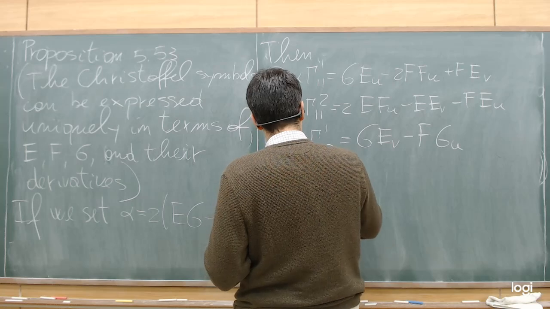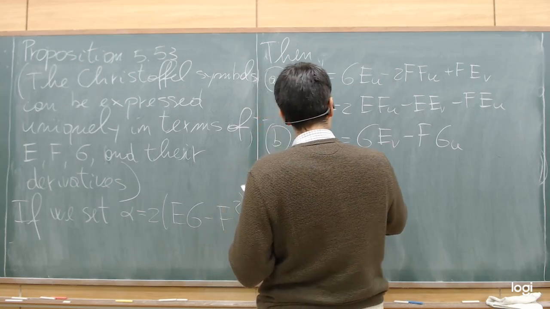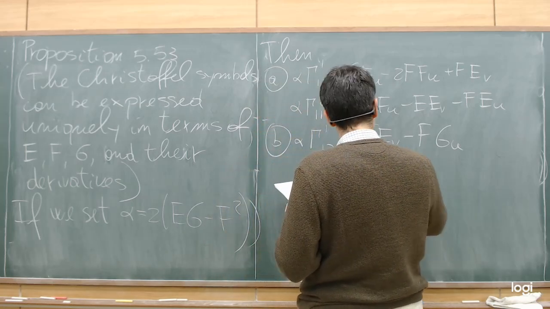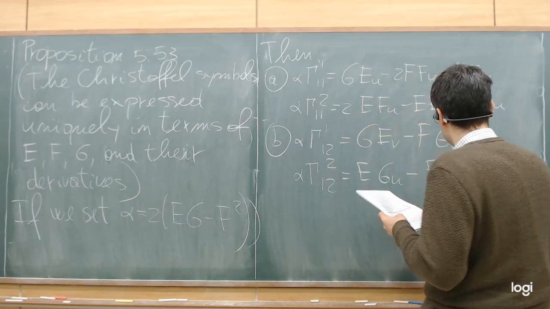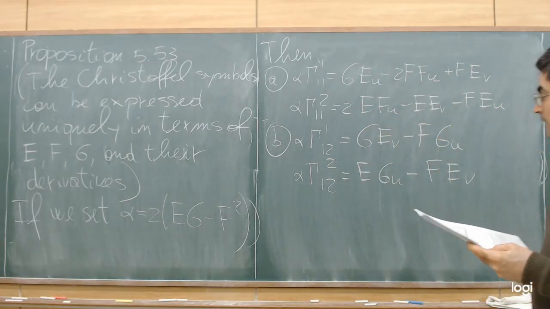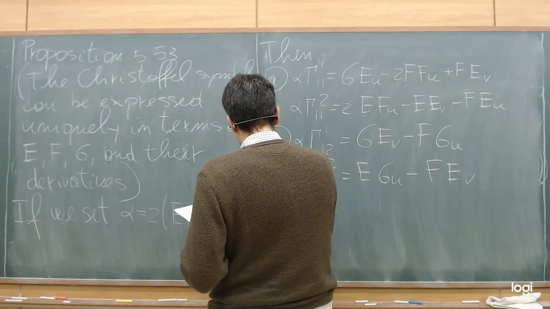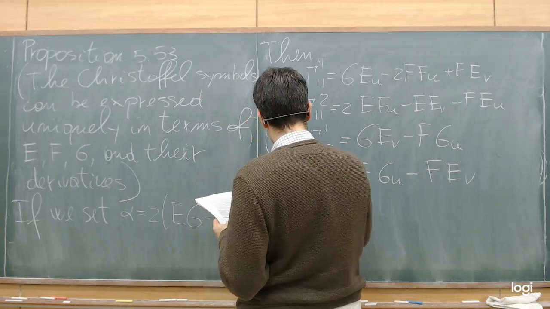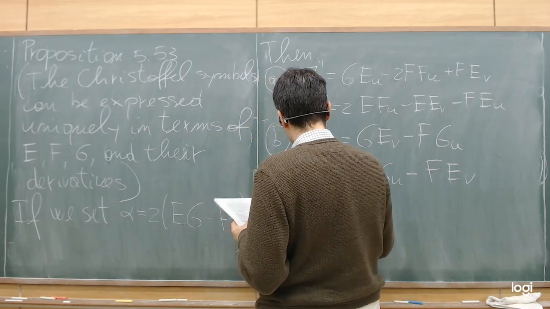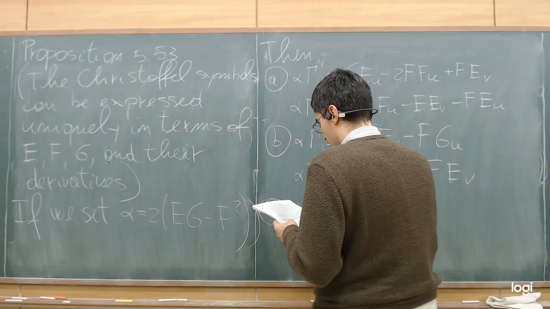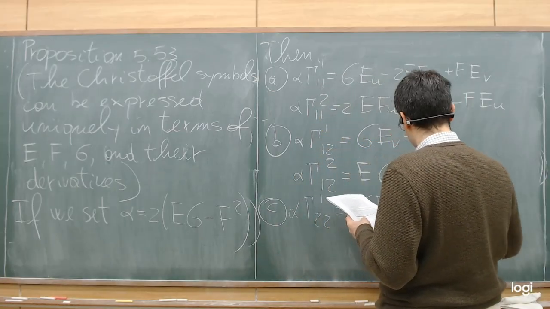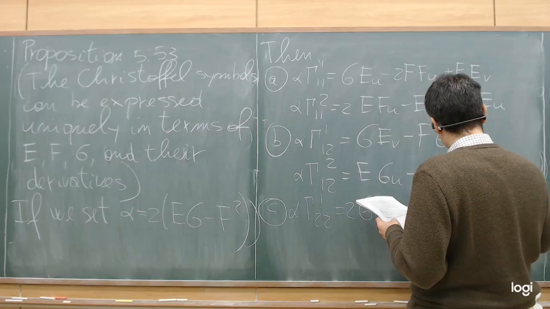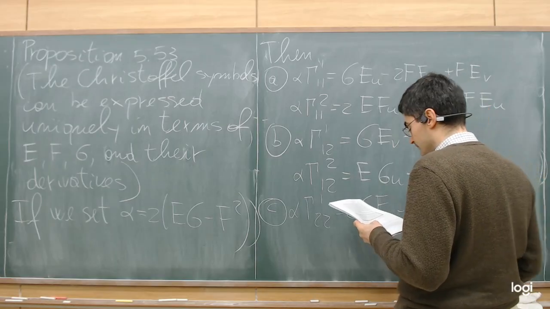Alpha gamma 1 2 2, this is E G_u minus F E_v. And it's not finished. C: alpha gamma 2 2 1, this is 2G F_v minus G G_u minus F G_v.